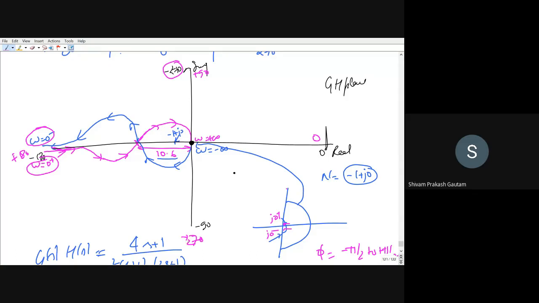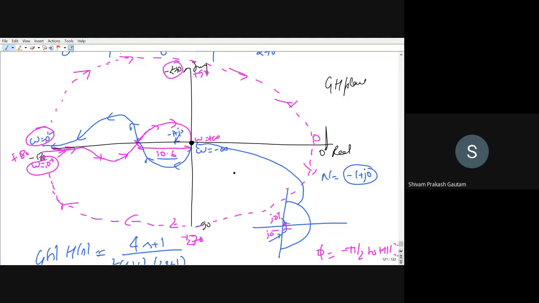So it will start from omega is equal to 0 minus, and it will cover an infinite radius because magnitude is infinite, and it will end at omega is equal to 0 plus, and direction will be omega 0 minus to omega 0 plus. So this will be the complete Nyquist plot of the given problem.